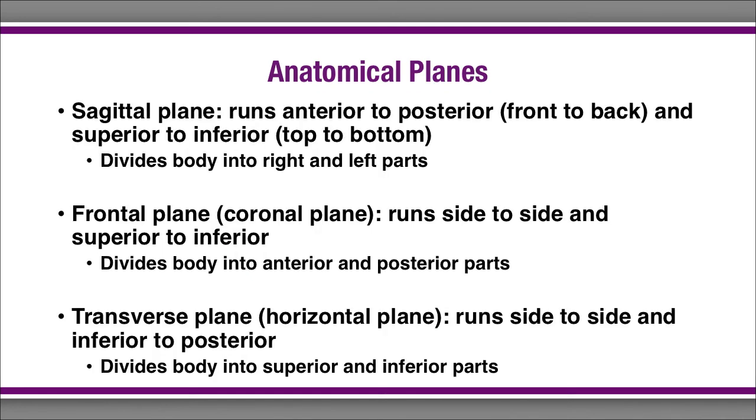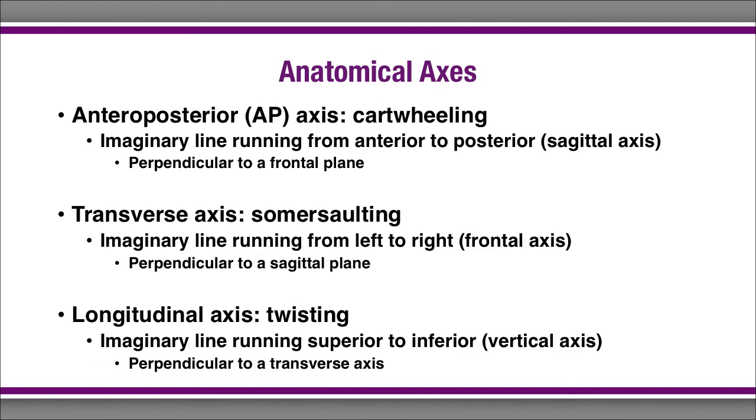So to review, sagittal plane runs anterior to posterior, front to back, and superior to inferior, top to bottom. It divides the body into right and left parts. Frontal plane, also known as the coronal plane, divides the body into anterior and posterior parts. Transverse plane divides the body into superior and inferior parts. Anatomical axes.